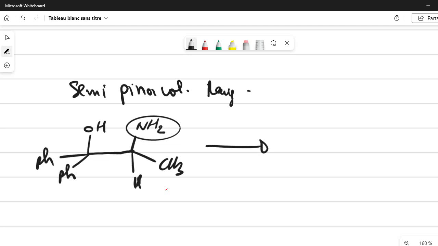So we have HNO2, okay? So this molecule is going to react with an amine. So we are going to form N2 at the end, okay? So N2 is going to be formed.